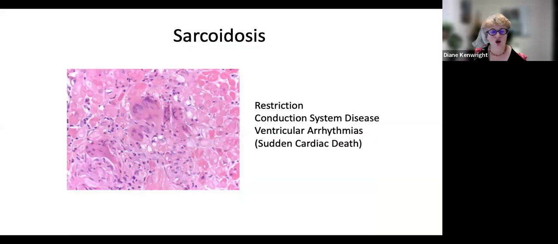The second thing that commonly causes a restrictive cardiomyopathy is sarcoidosis. So what does sarcoidosis do? Sarcoidosis causes granulomas to form in the myocardium, which causes this restrictive cardiomyopathy. They can also infiltrate the conduction system, causing ventricular arrhythmias and sudden cardiac death.